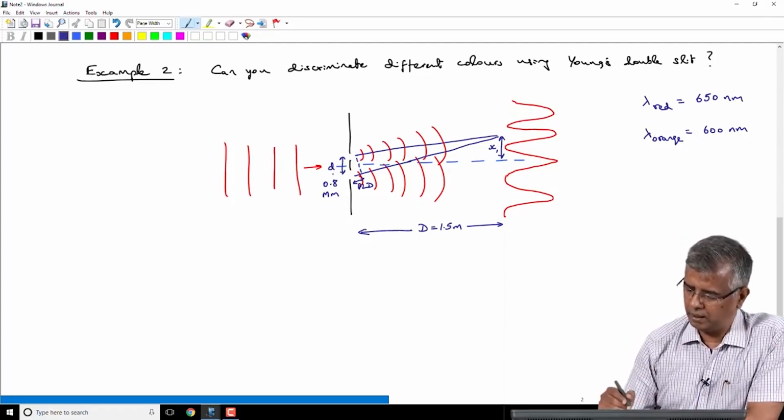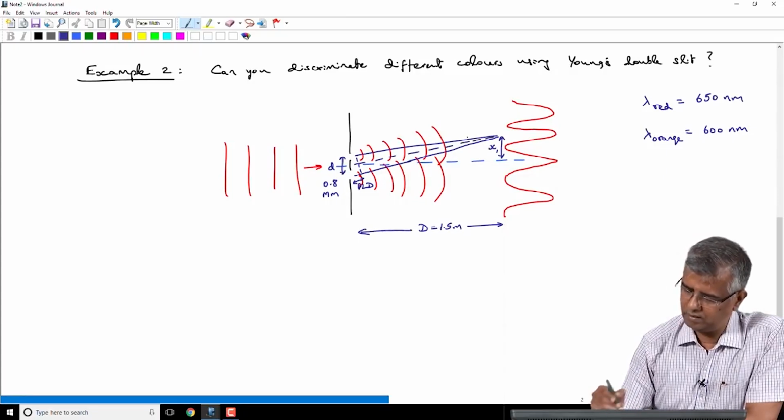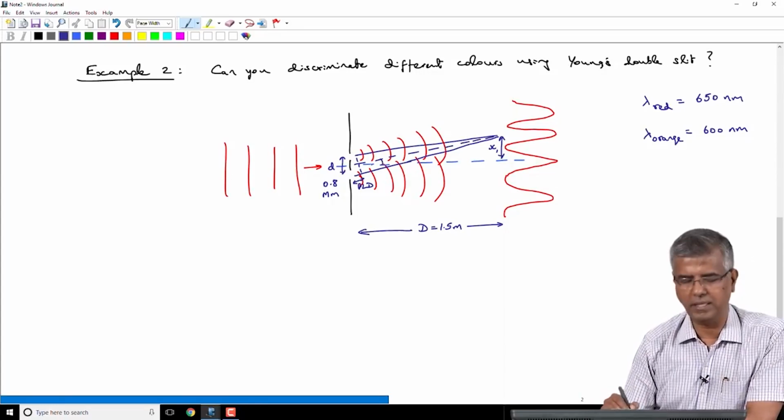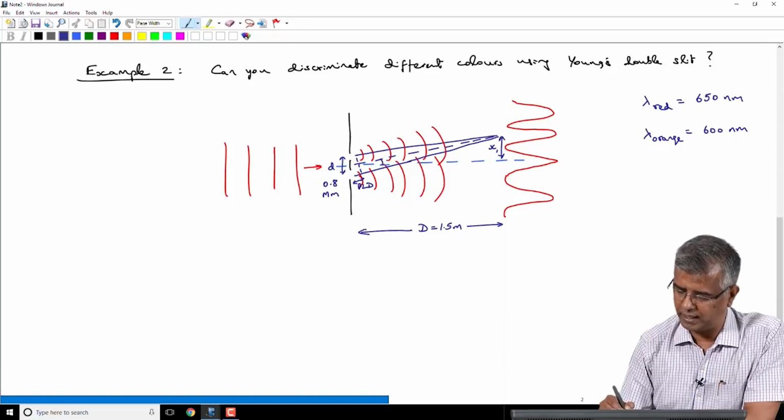Okay. To do that, what we need to consider is actually the angle that these two beams approximately make with the optical axis.